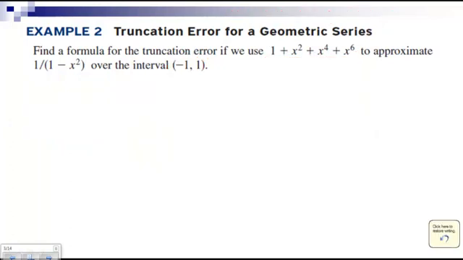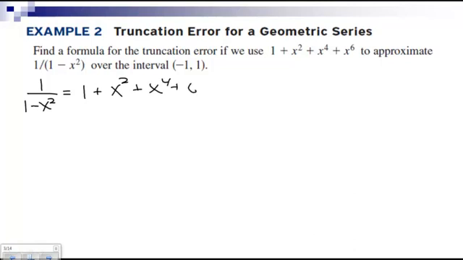1 over 1 minus x squared is equal to 1 plus x squared plus x to the 4th plus x to the 6th plus x to the 8th plus x to the 10th plus x to the 12th plus dot dot dot.